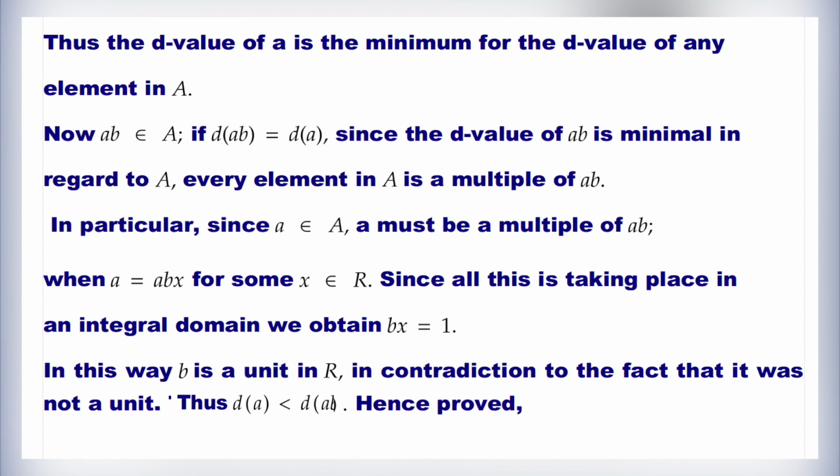In this way, B is a unit in R, in contradiction to the fact that it was not a unit. Thus, d(A) < d(AB). Hence proved.